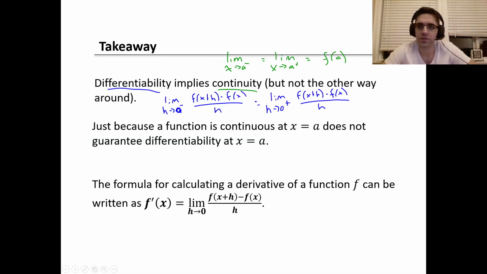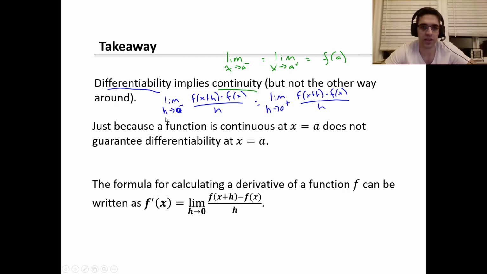All right, so takeaways. We now have a definition for differentiability. It's very similar to the definition for continuity, and for good reason, because those two terms are not quite the same thing, but they are related. As a refresher, continuity means the limit as x approaches a from the left is equal to the limit as x approaches from the right, which is equal to f evaluated at that specific value, a.